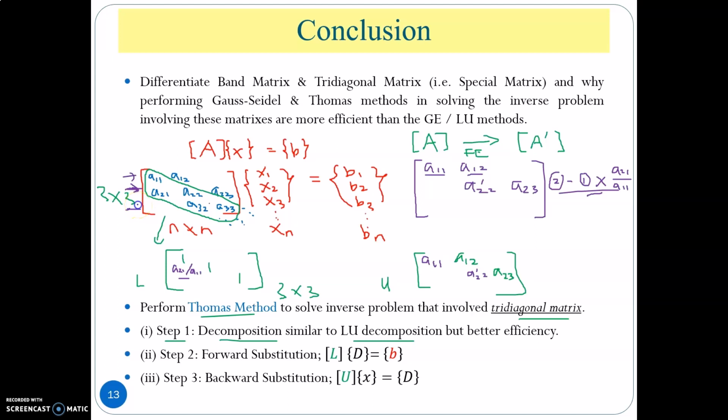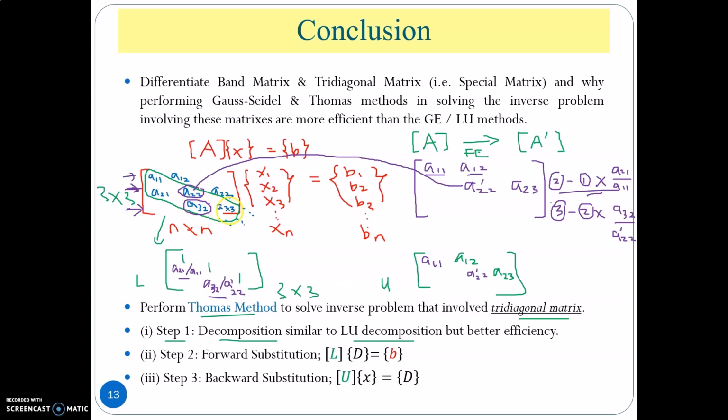Next, we continue the forward elimination at the third row, and you want to make A32 here equal to 0. You need the factor A32 divided by this component, and you need to be careful, this component has changed to A22 prime in the previous forward elimination. Therefore the factor is equal to A32 divided by A22 prime. By using this equation, row 3 minus row 2 multiplied with this factor, then A32 becomes 0 now.